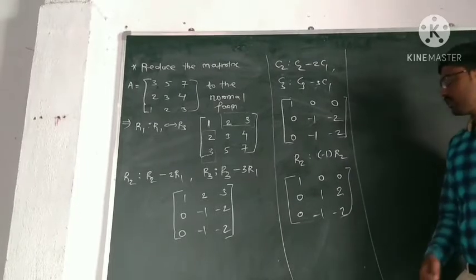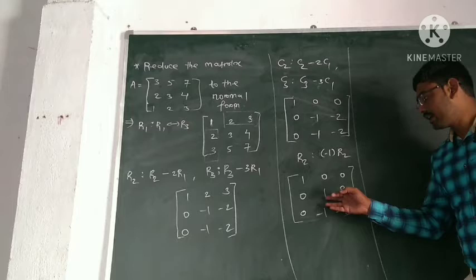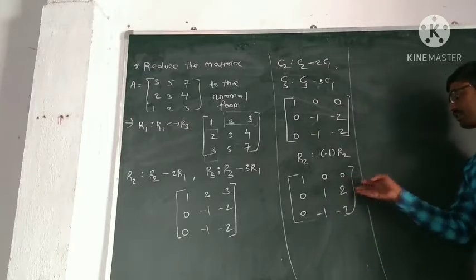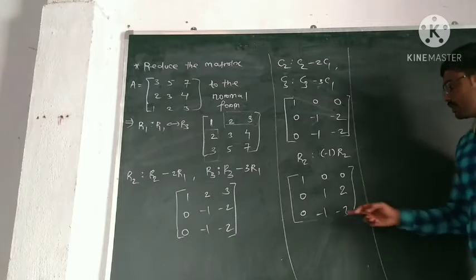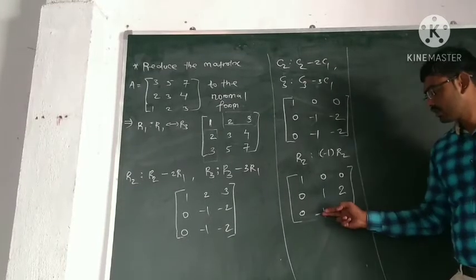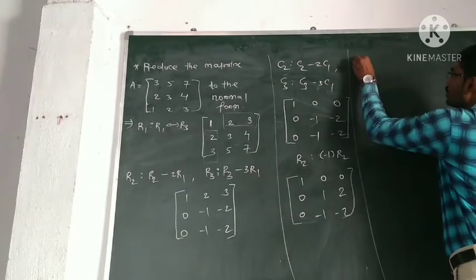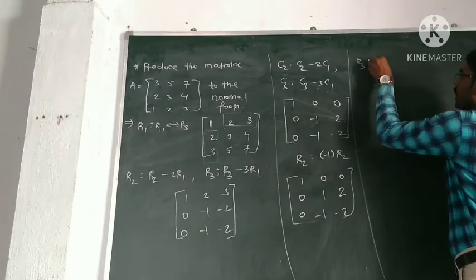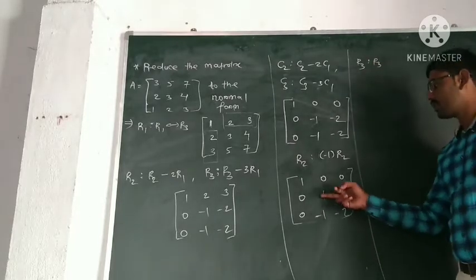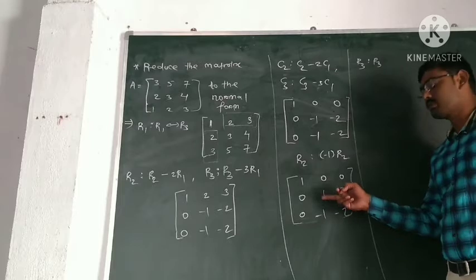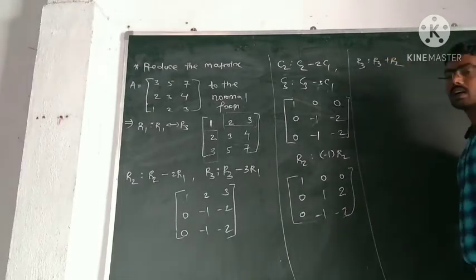Now what is our next target? Our next target is to make the entries below this 1 zero, and the entries to the right side of 1 also 0. To make this entry 0, it is in row 3, so we have to apply the operation on row 3. Row 3 is changing to row 3 plus row 2, since minus 2 plus 1 becomes 0. So add the second row to the third row.